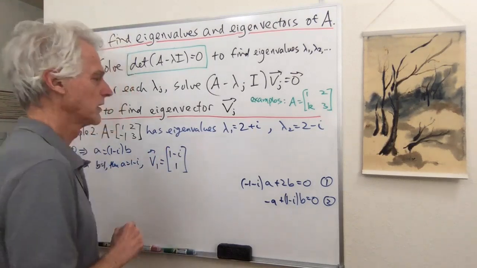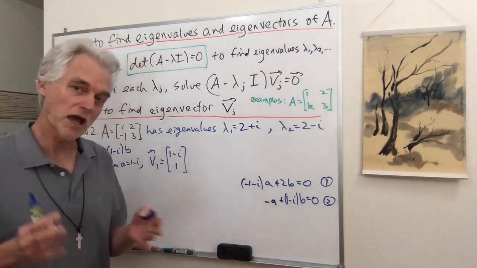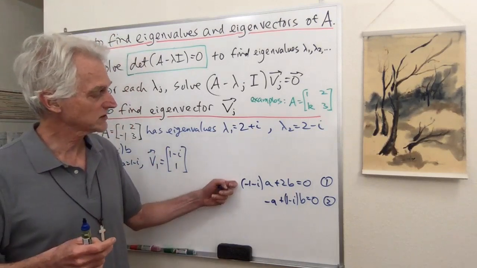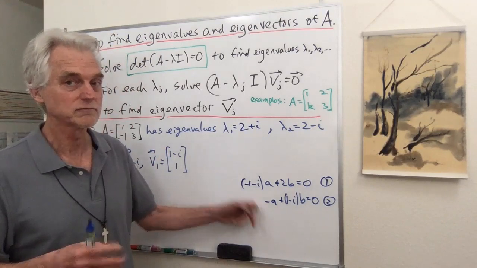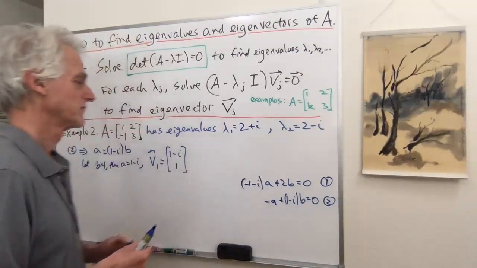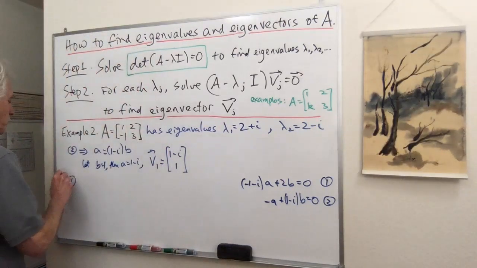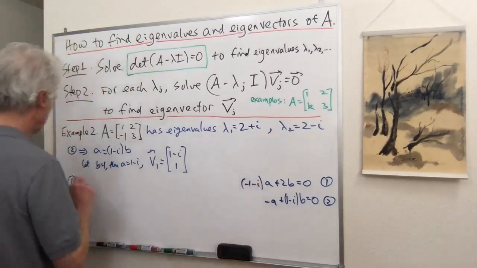Okay. Now, I'm going to trust that this equation is redundant, and I just use that one, okay? Or I could use equation 1 and trust that equation 2 is redundant.